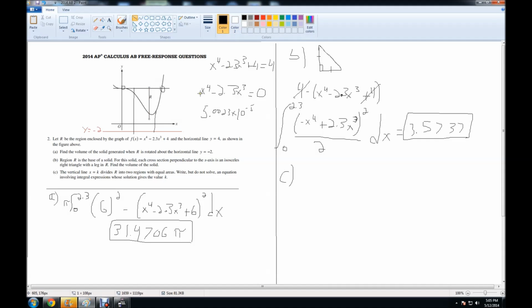So, writing this out, here it is, the integral from 0 to k of 4 minus that. Now, we already did that right here for the triangle, so I'm just going to write it as that. Or, because the AP graders actually grade in a funny way, we could just leave it as 4 minus f of x. And I'll do it this way to save time and make it look cleaner.